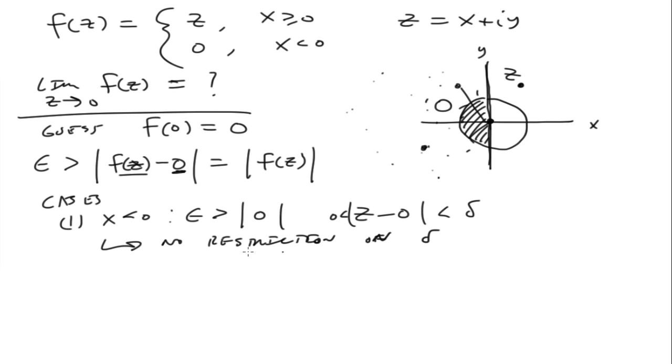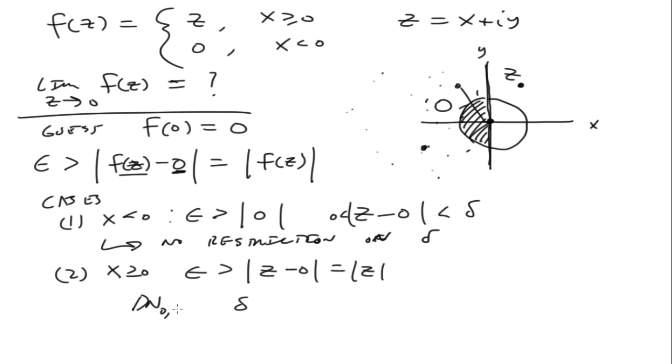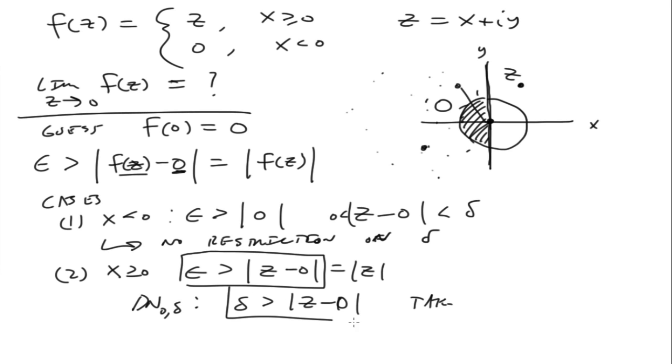But now let's try case 2, x greater than or equal to 0. Then we get epsilon is greater than the absolute value of z minus 0, which is z. Now of course we require that delta, for the deleted neighborhood around 0, has to be such that these two are equivalent statements.